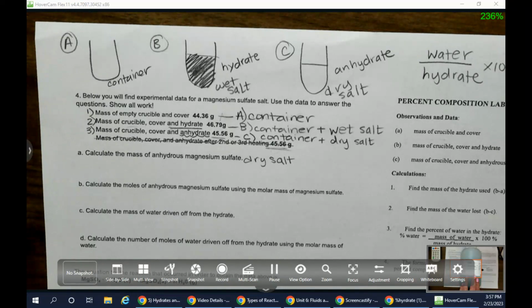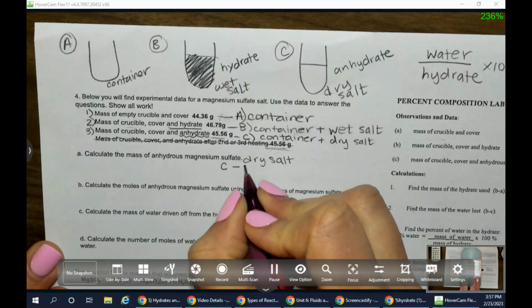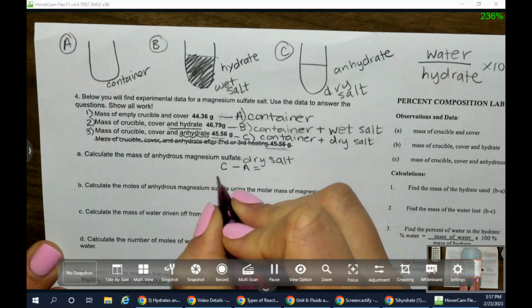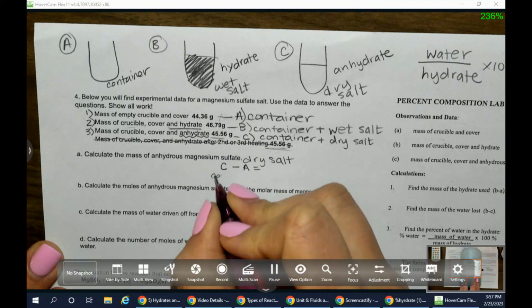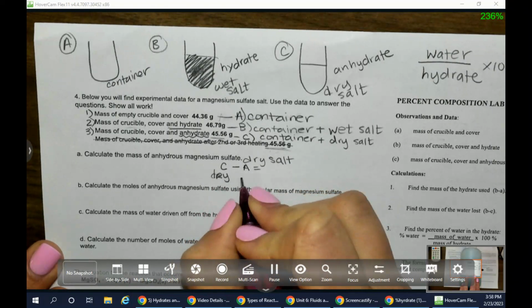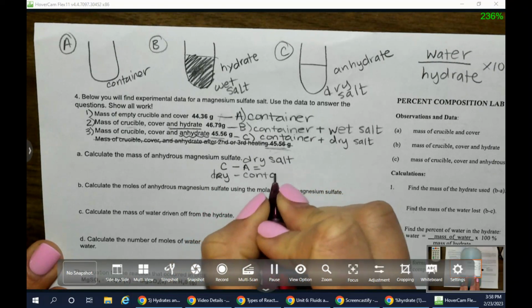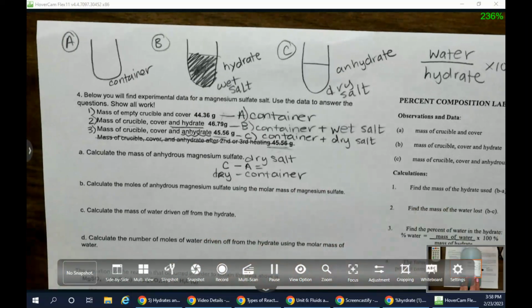How do I know only the mass of the dry salt? C minus A. Tell us why. Because you're trying to get just the anhydrate, so you need the mass of the crucible powder. Perfect. Yep. So we're going to take the dry minus container. Right? That makes sense.